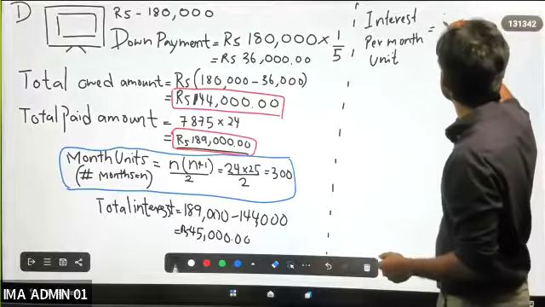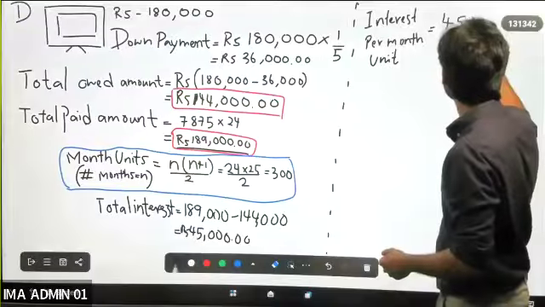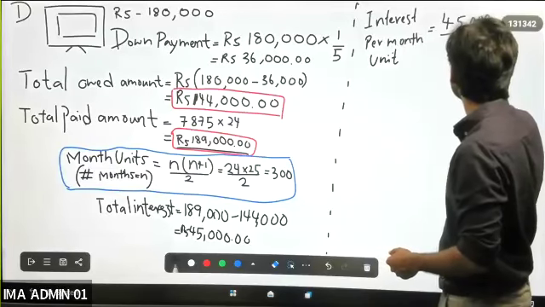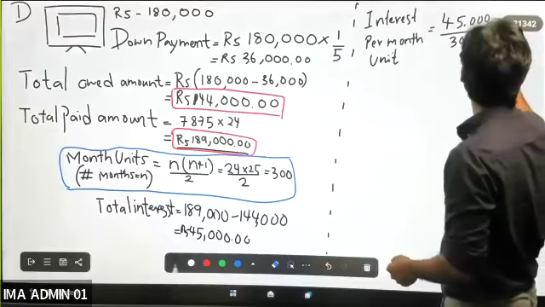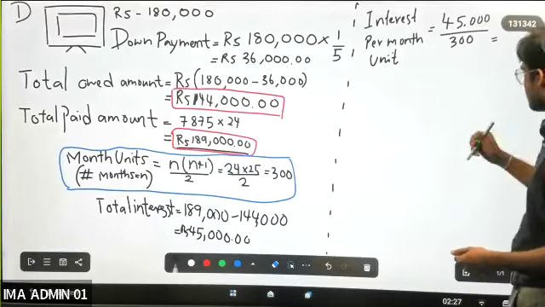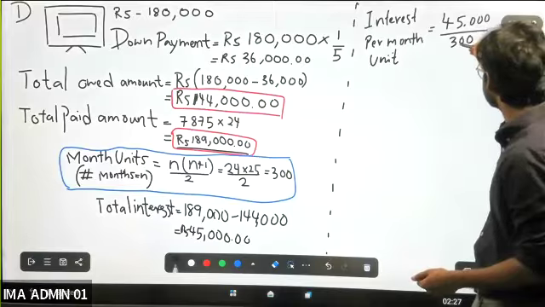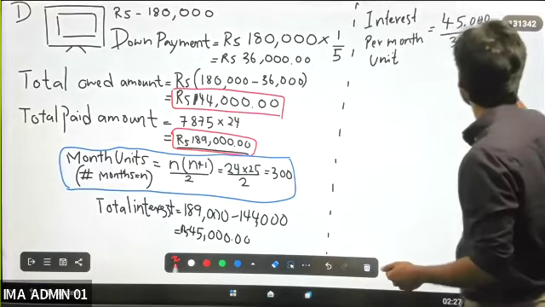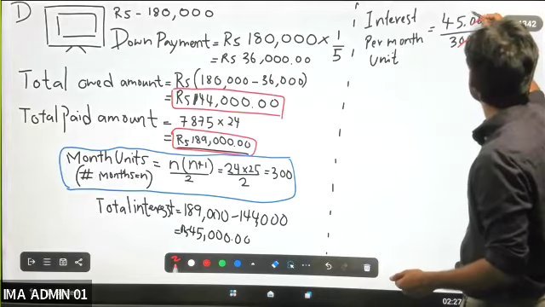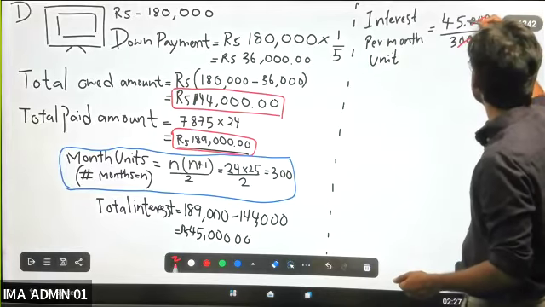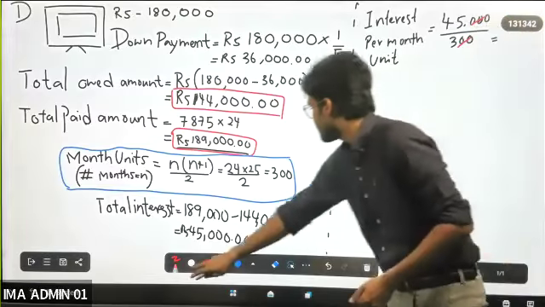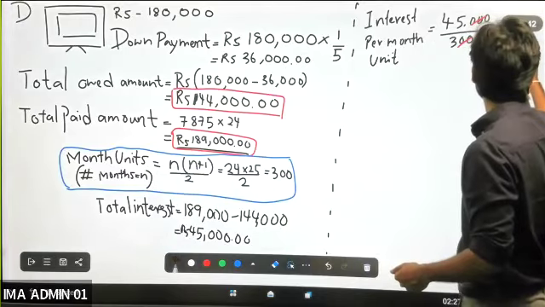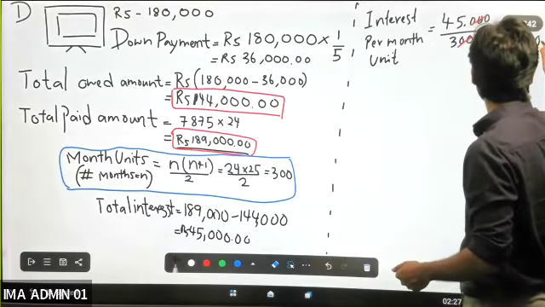We know total interest is 45,000, and we know there are 300 month units. So divide 45,000 by 300. The zeros get cancelled. Sorry, I will put this in another color. These get cancelled. 450 divided by 3, so the answer is 150. This is rupees 150.